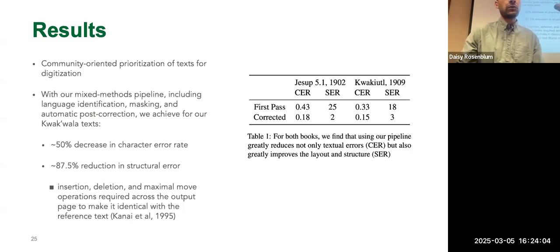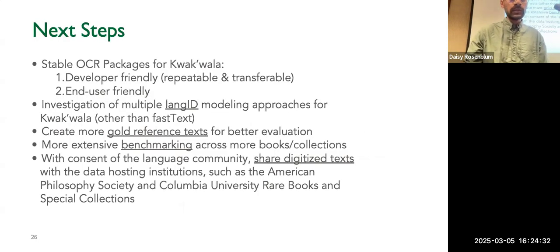So we find that, if you can see the cursor, the most important, the text specifically, goes from about 43 errors for every 100 characters to about 18 for this particular volume. And for the Kwakwala 1909 book, from about 33 errors for every 100 characters to 15. So it really improves the reading experience a lot for the community members.